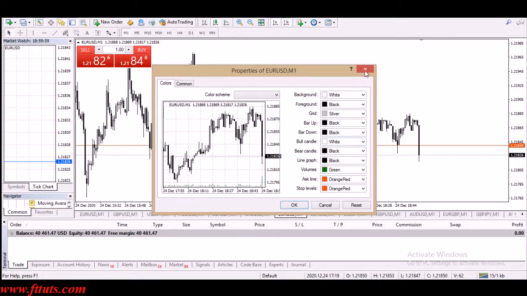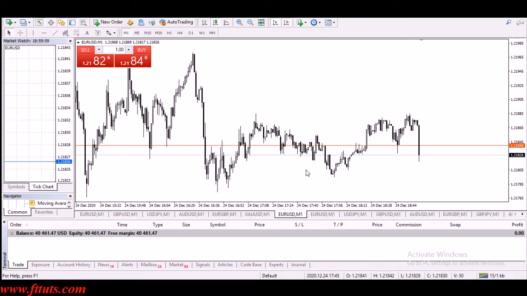So mainly your chart will be looking in other colors, you are just changing the colors of these candles. In that case, it's very popular to use the bear candle, the bearish candle, in red, and the bullish candle in green.